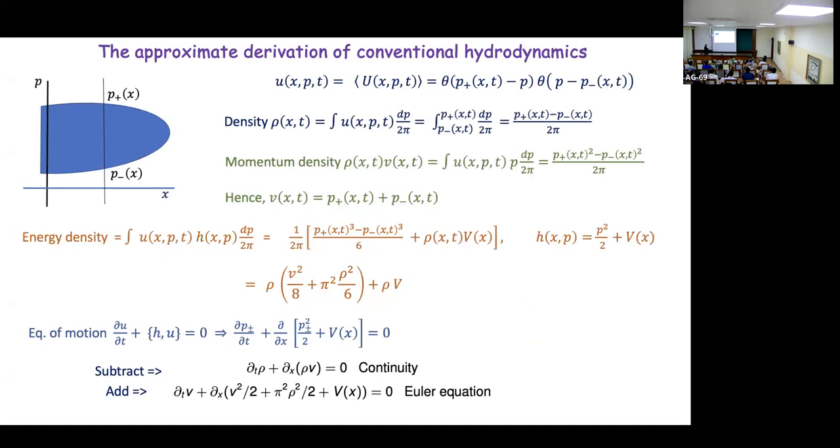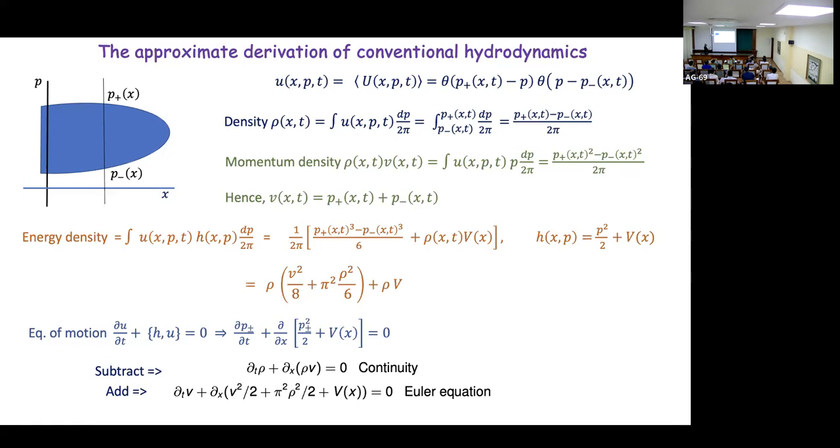Now first of all, you can identify P plus and P minus with the density, which is the integral of u over p, counting how many fermions there are at a particular x. So that's P plus minus P minus.